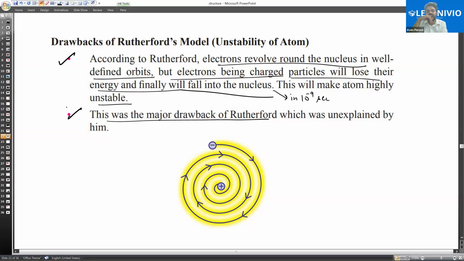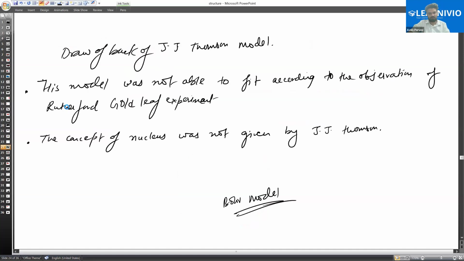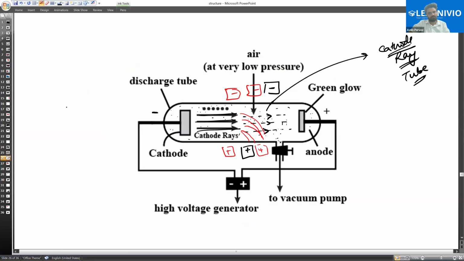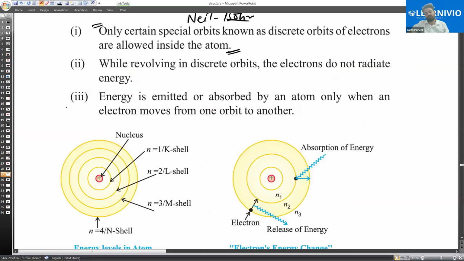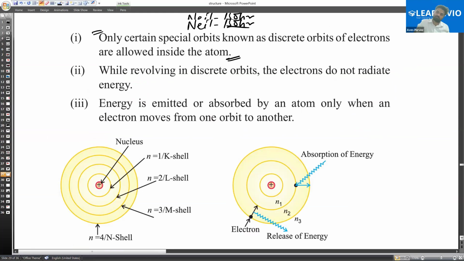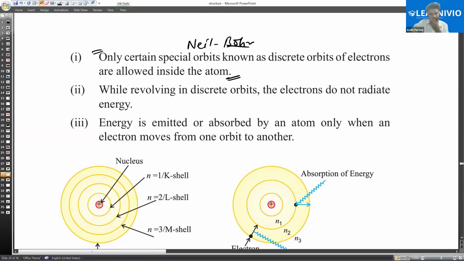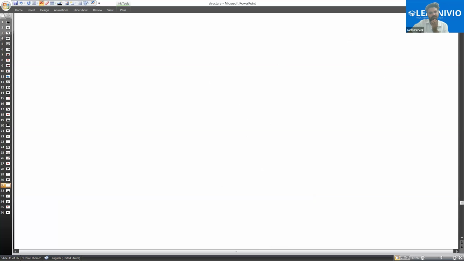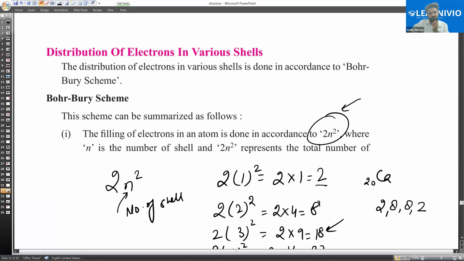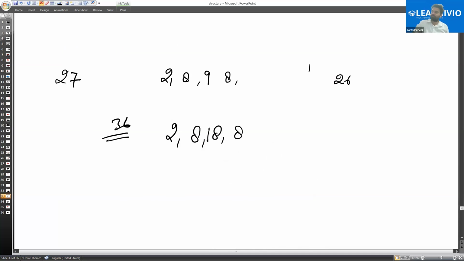This is the major drawback of the Rutherford model, which was explained later. That we're going to study.